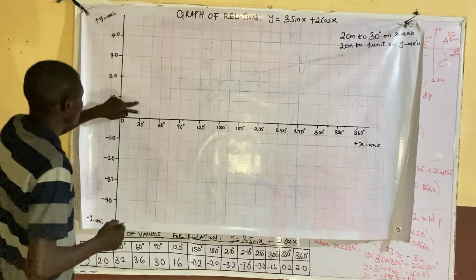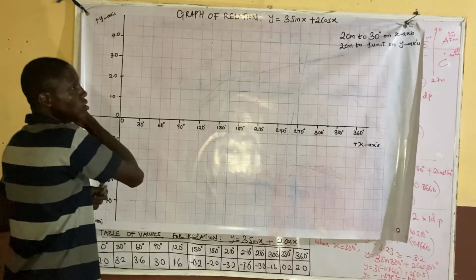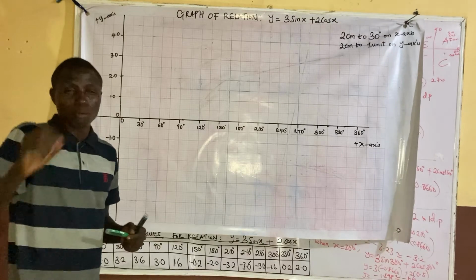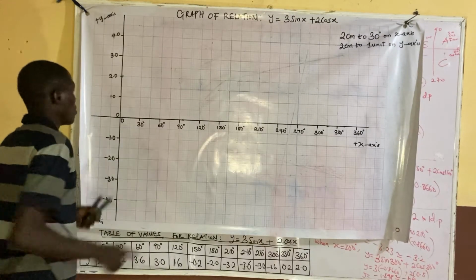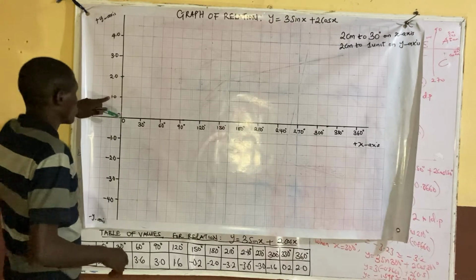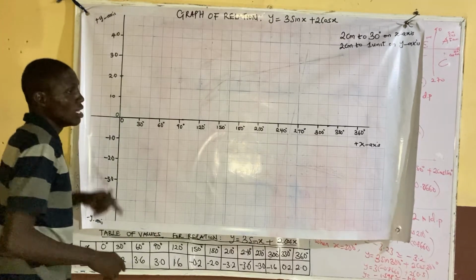Now 30 degrees, 3.2. For each smaller box in the 2 centimeter box, we have 0.1, because 10 boxes represent 1.0. So 1.0 divided by the 10 boxes in between gives you 0.1.